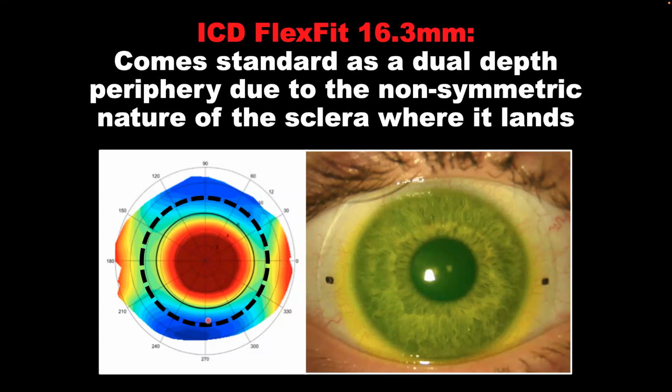when fitted, right. So I want to remark here that the hash marks that you see here, this one and this one, are put in the flat meridian. The toricity is put in the steep meridian. These hash marks don't always tend to go at 3 and 9.